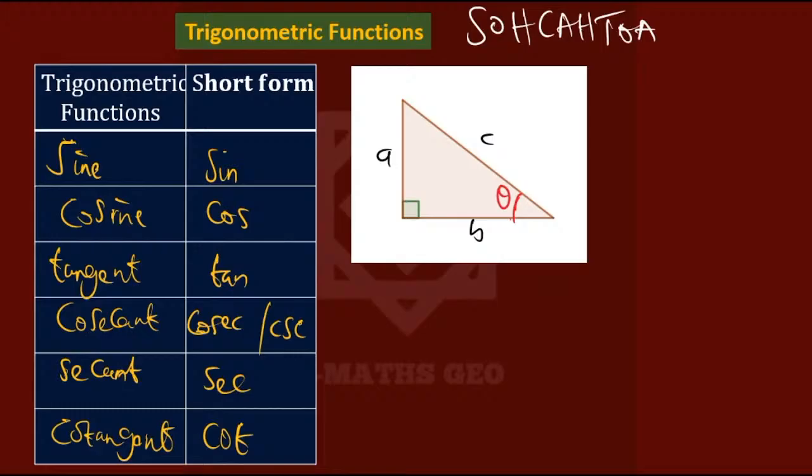Which one is the opposite side of the triangle? The opposite is the side opposite the extra angle added, not the one opposite 90 degrees, that extra angle, which is theta. So this is opposite. This is the adjacent. The longest side is always the hypotenuse.